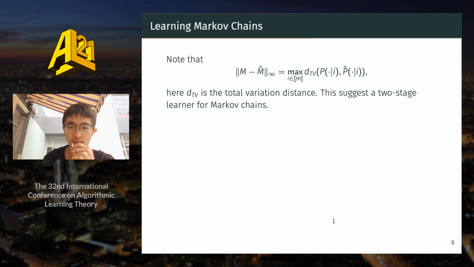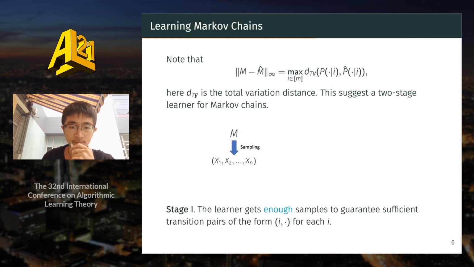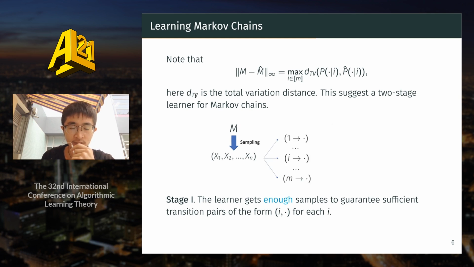This expression naturally suggests a two-stage learner for Markov chains. In the first stage, the learner just gets enough samples so that it has sufficient transition pairs from each state. So it has enough samples transitioning from state 1 to another state, from state i to another state, and up to state m to another state.